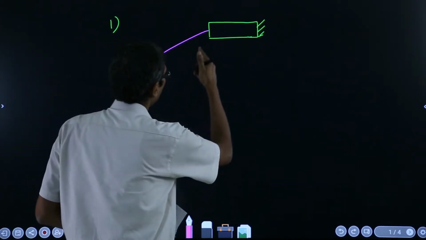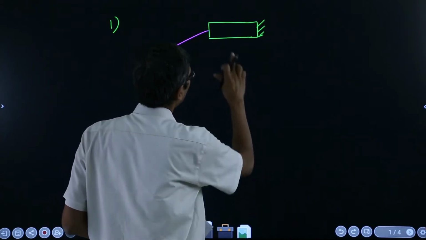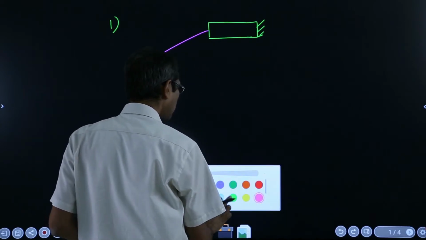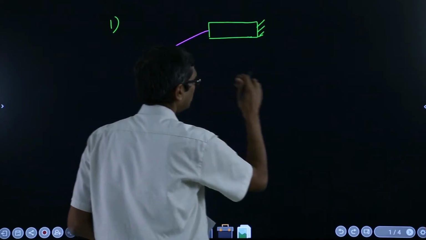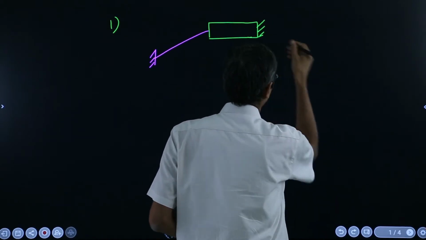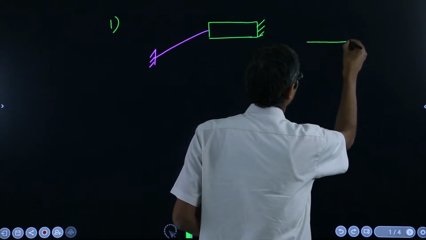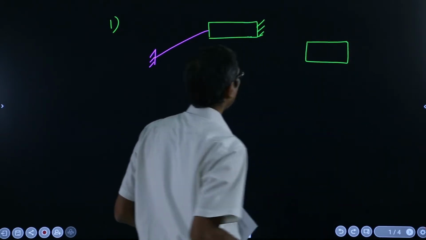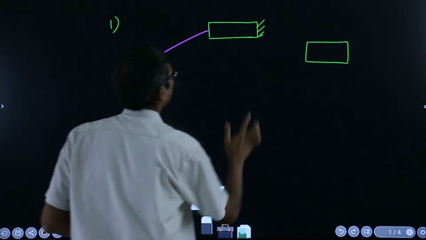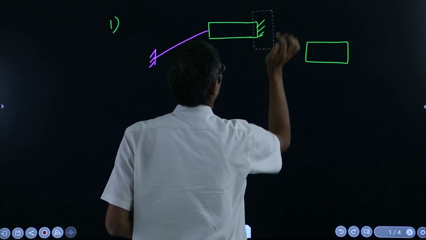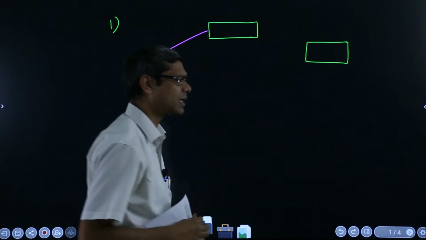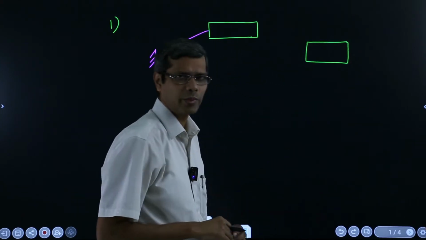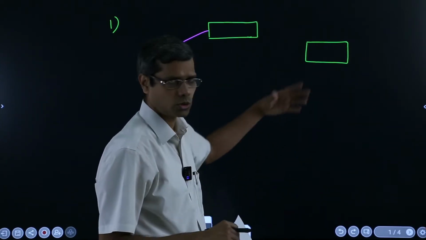The point is, if you have such a thing and then you draw the free body diagram of this block, okay, we are not interested in the free body diagram of the rope or the cable, but of this. Now here, in fact, let me do one thing. Let's not even say that it is connected to the ground, because then again some more forces will be needed to be shown there.